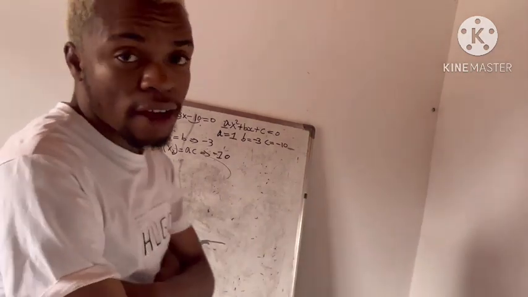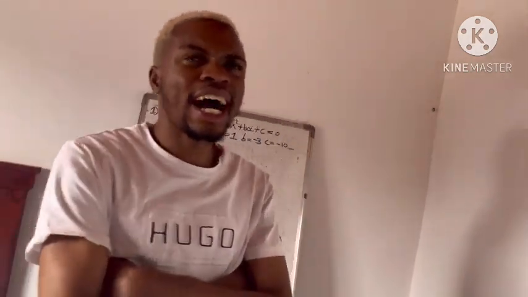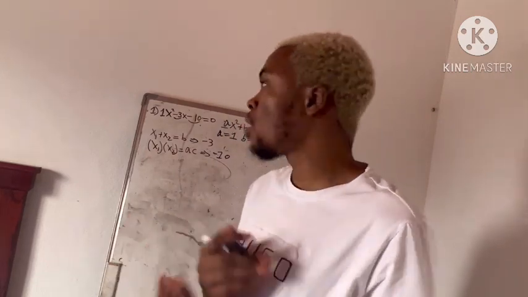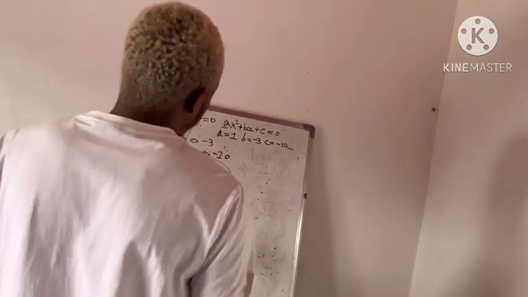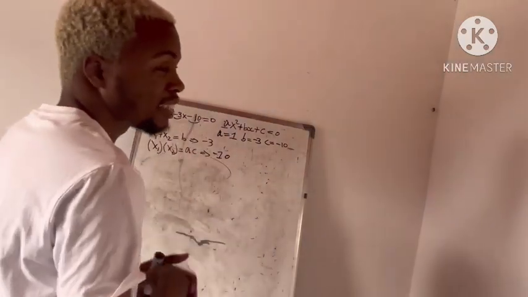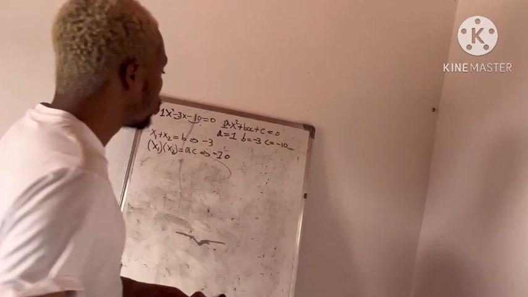Let's think about 5 and 2. First of all, we know 5 times 2 is going to give you 10, and I know we can play it somehow to have that. So let's think about -5 and 2.